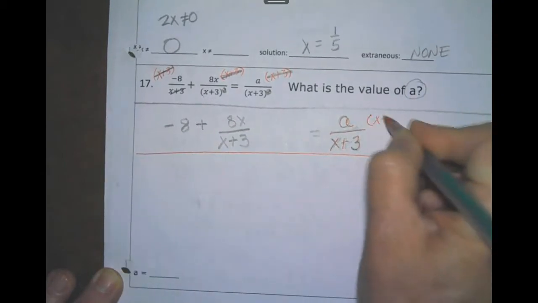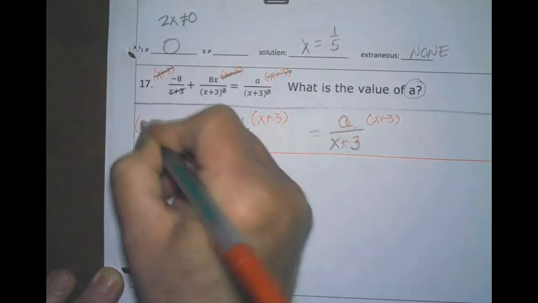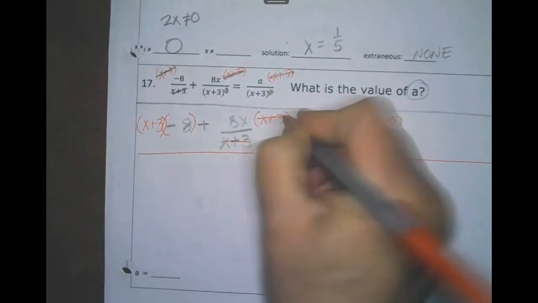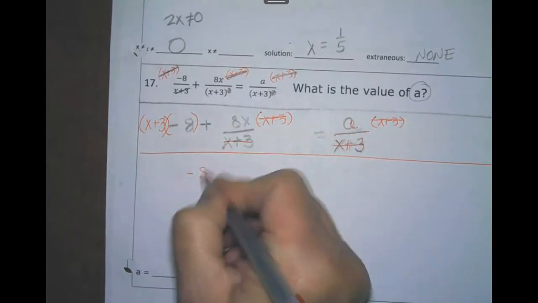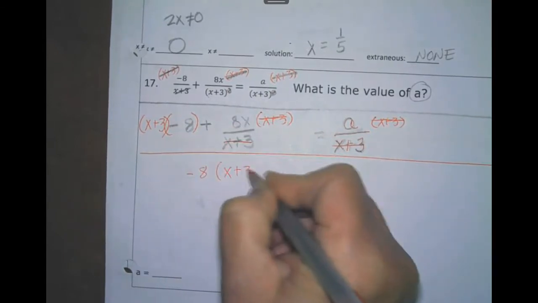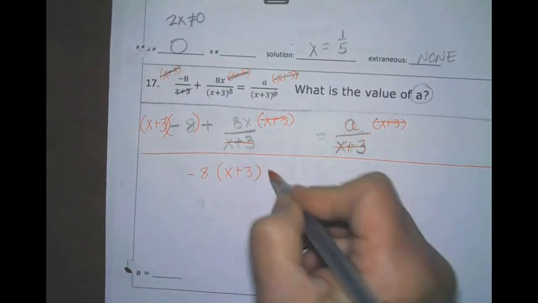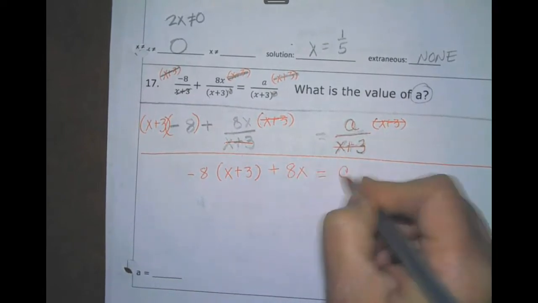Need to multiply by x plus 3 to cancel out this denominator and this denominator. So here I have a negative 8 times x plus 3. That denominator canceled out, and so I have an 8x equals a.